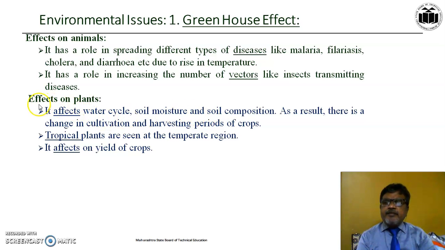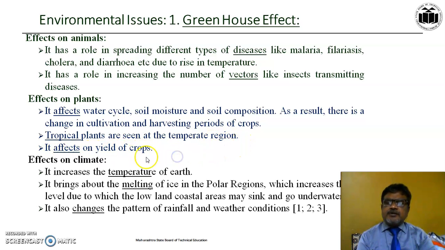Now it has some effects on plants also. It affects the water cycle, soil moisture, and soil composition. As a result, there is a change in cultivation and harvesting period of the crops. Tropical plants are seen in the temperate region. It affects the yield of the crop.